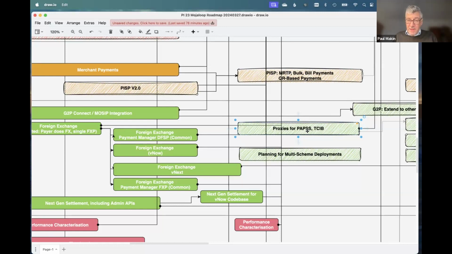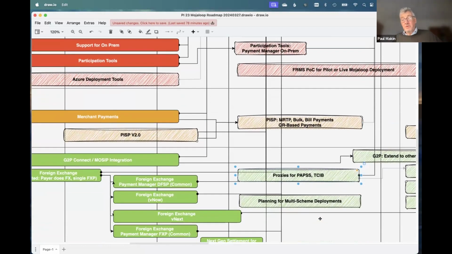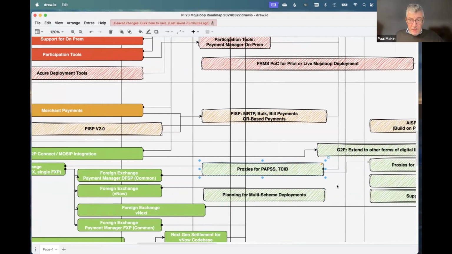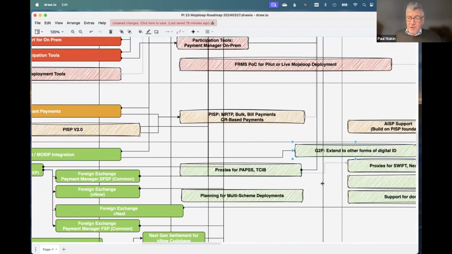We expect that work to be finished by the end of the PI, so that's end of July 2024, and I hope that's soon enough for the go-to-market team. A lower priority in this work stream is to extend the G2P work to support other forms of digital ID.